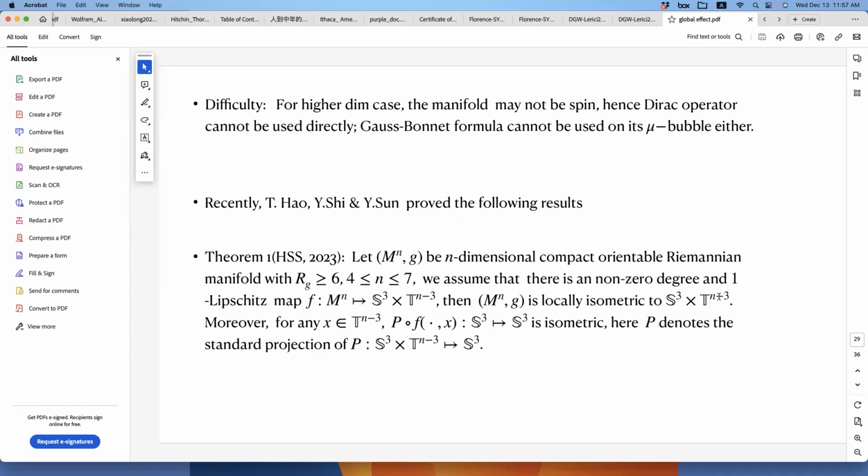We assume that there is a non-zero degree and one-Lipschitz map from M to the model space, which is S^3 times the (n minus 3) dimensional torus. Then we can show that such an M is always locally isometric to its model space.